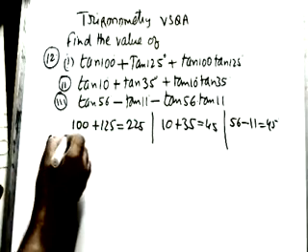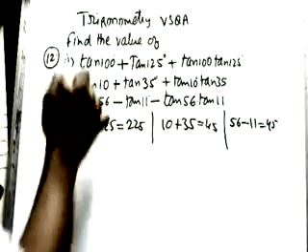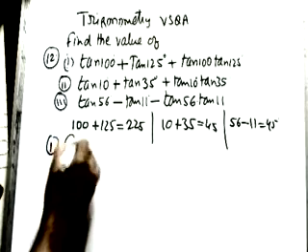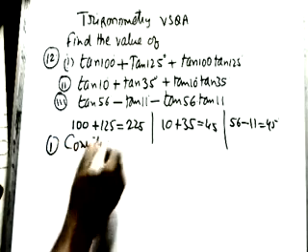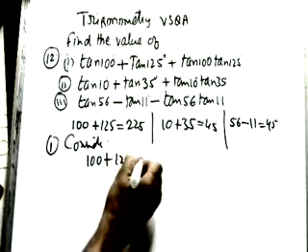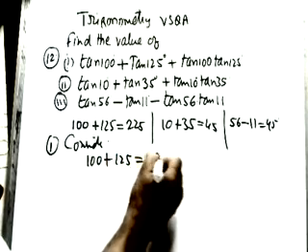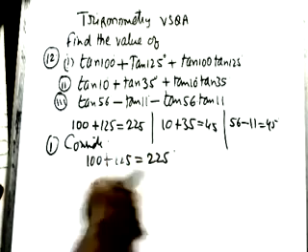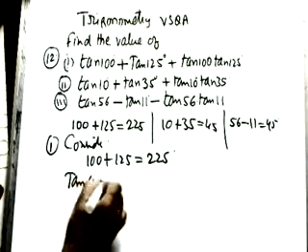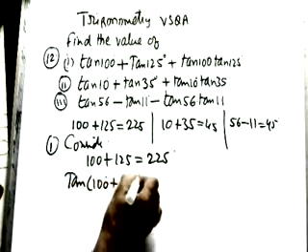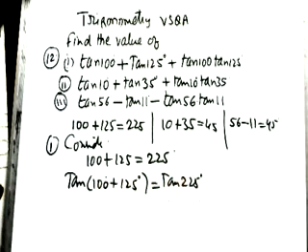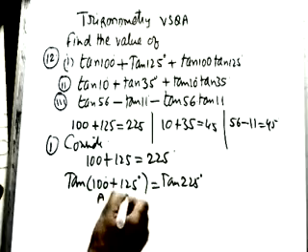So let me start one question. I'm doing the first question; you try the next questions. Consider 100 plus 125 equals 225. Now apply tan on both sides. So this becomes tan of (100 degrees plus 125 degrees) equals tan of 225 degrees.